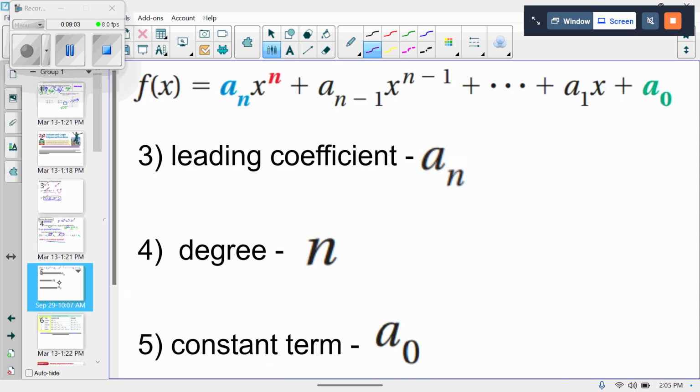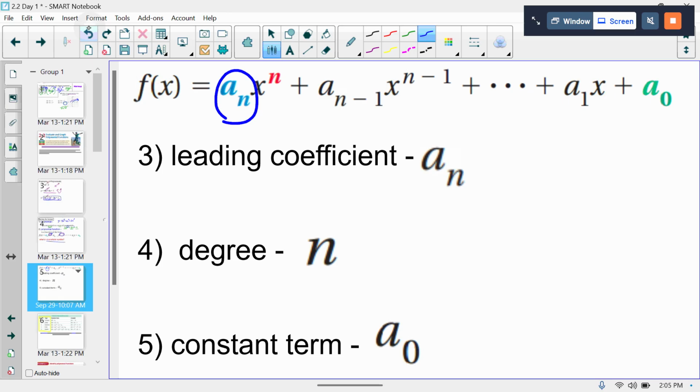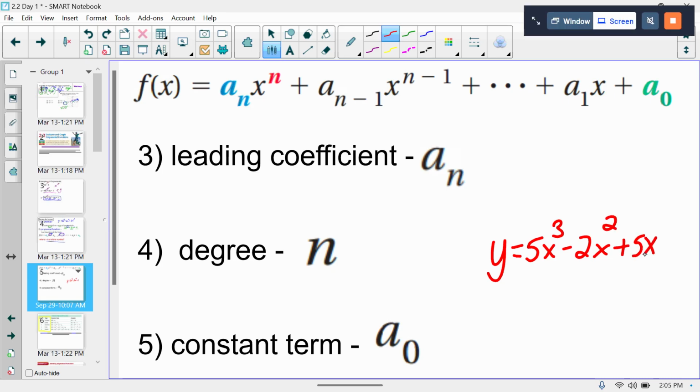Okay. So continuing with that same thing, a sub n is what we call the leading coefficient. So again, guys, I want to give you an example here off to the side with numbers, because it makes it a little easier to understand than all of these variables. So if you had an example that looked like this, the degree of that, or I'm sorry, let's do leading coefficient first.